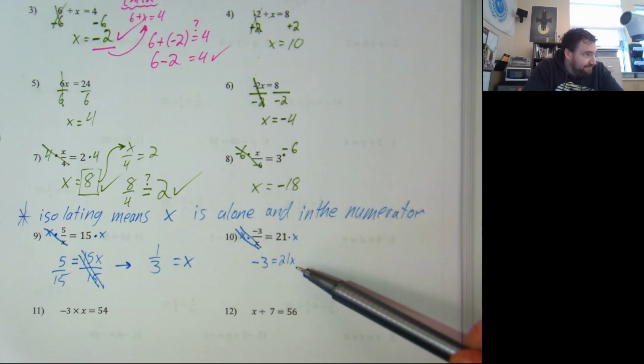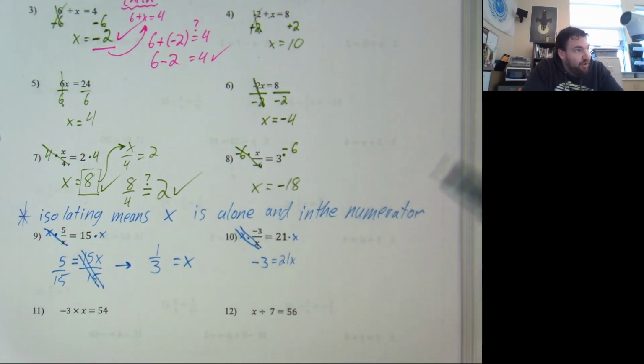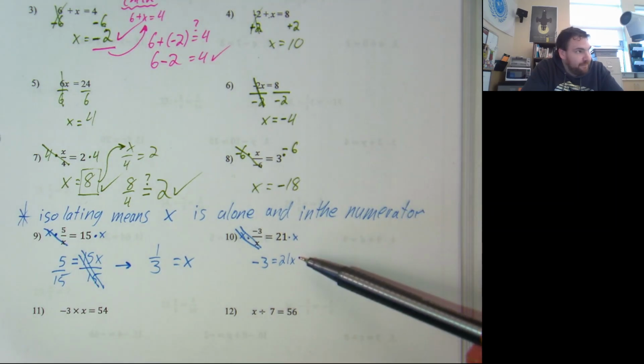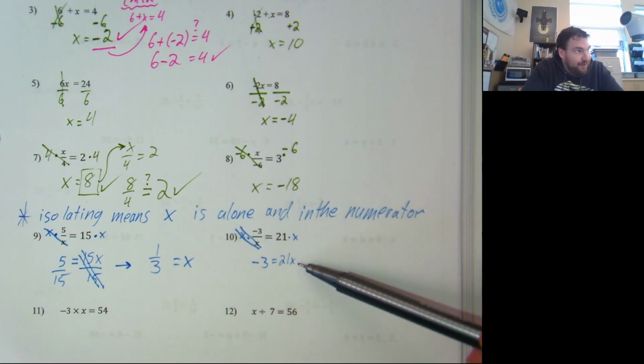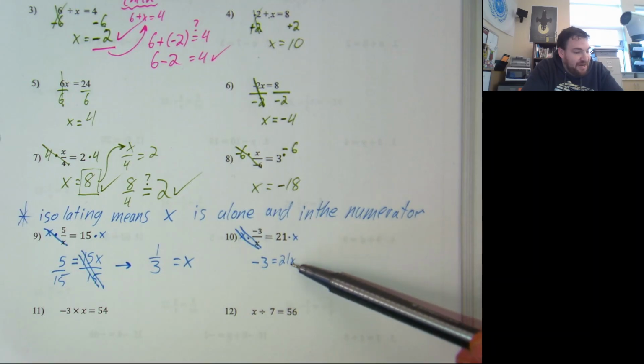Abdal, what do? The question that we're all on together as a class. Same one you should be on. Yeah, so which one? Number 10. How do I get x by itself? I have 21 times x. I want to get x alone. So what is the opposite operation of multiplying by 21?